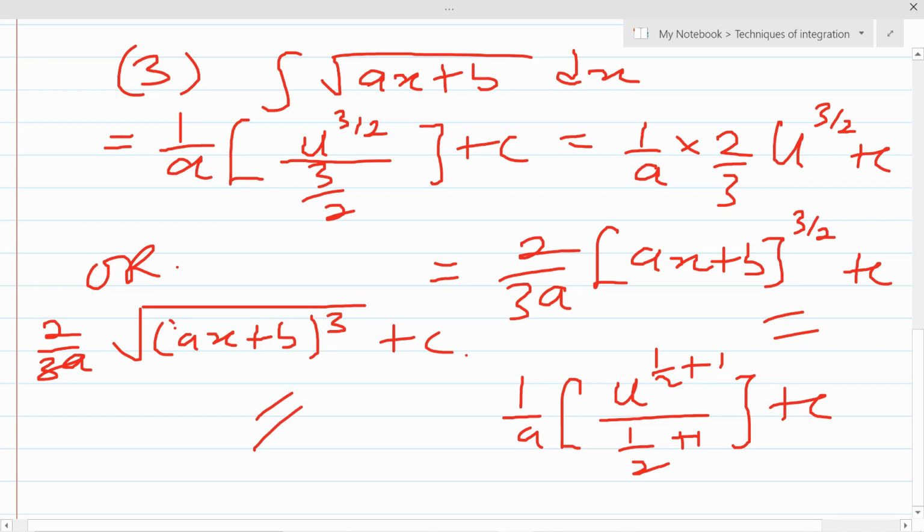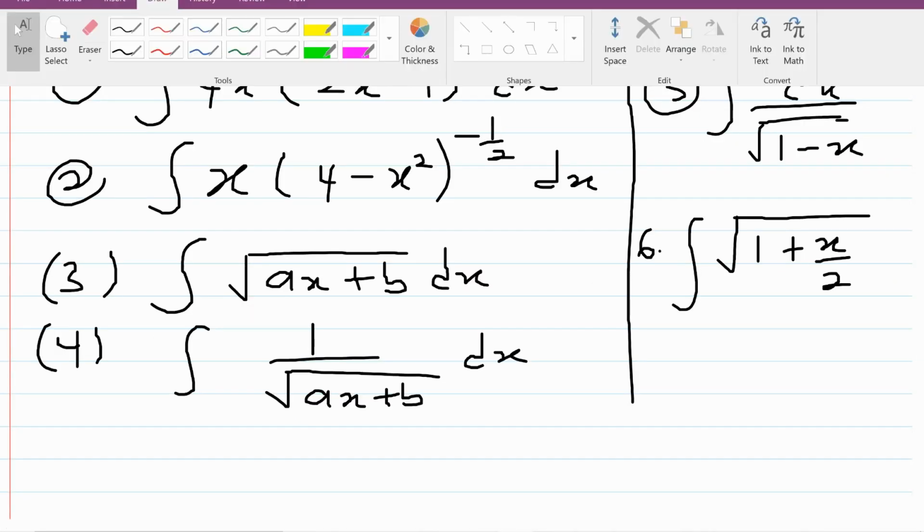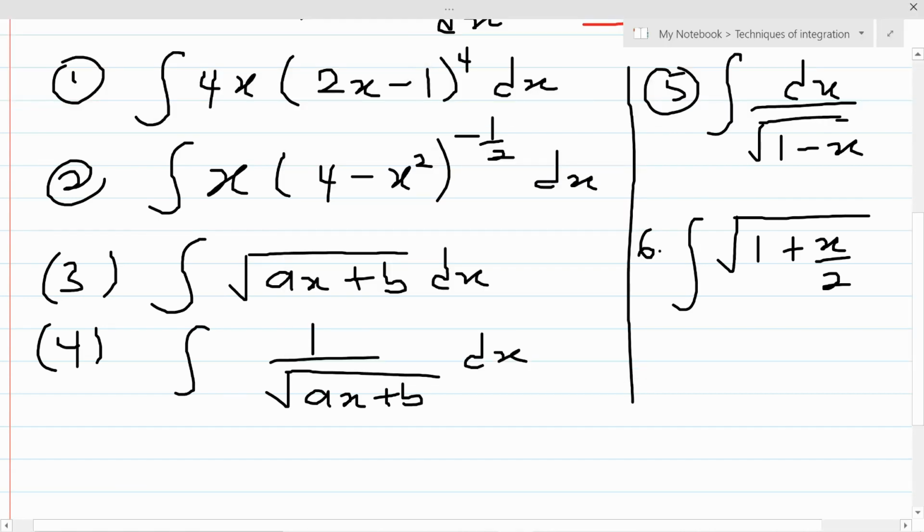Okay, so let's continue with one more example, and I know you'll be strong in integration by substitution. So with this question, I hope you can do that because it's the same, it's just that this time our square root is down there, and if you substitute u to be ax plus b, the same thing will happen, just that the power will now be negative.